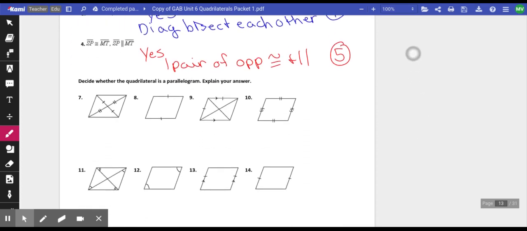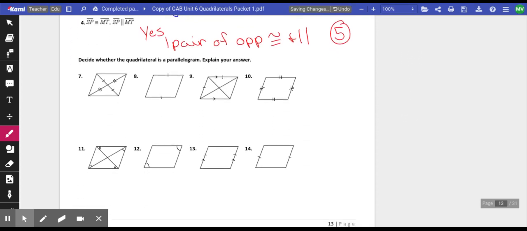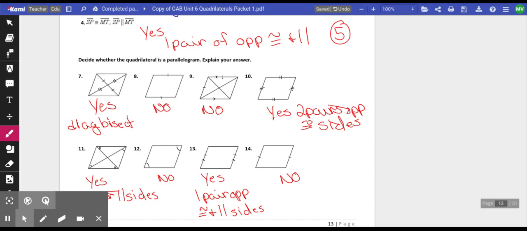So now I want you to look at these 7 through 14, and I want you to decide whether it is definitely a parallelogram. I know they all look like parallelograms, but I want you to decide if they are definitely a parallelogram, and then come back and check. So number 7 is yes, because that indicates that the diagonals bisect each other.